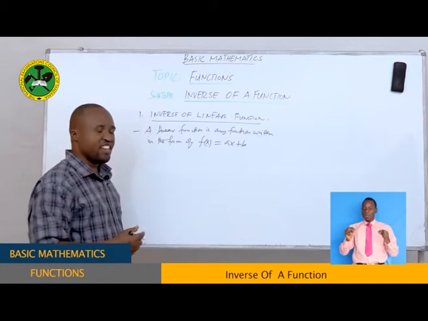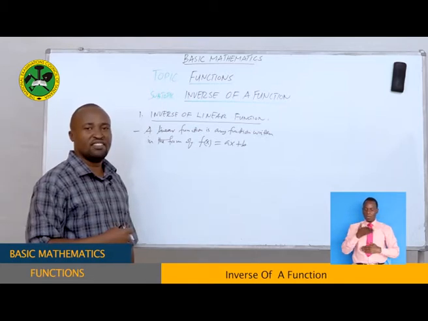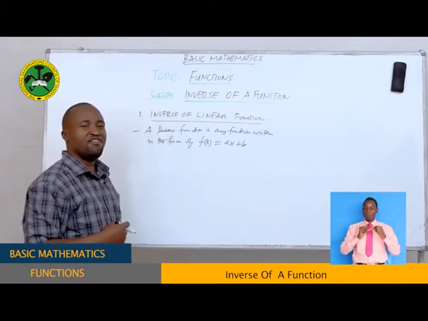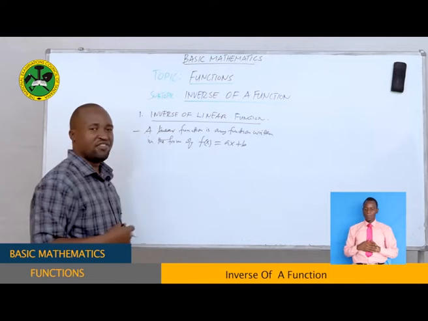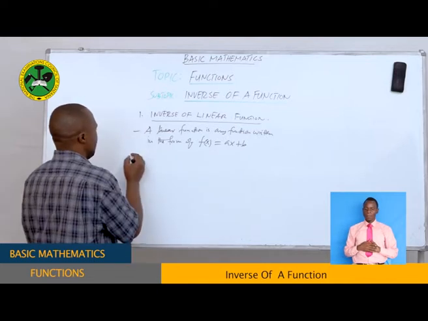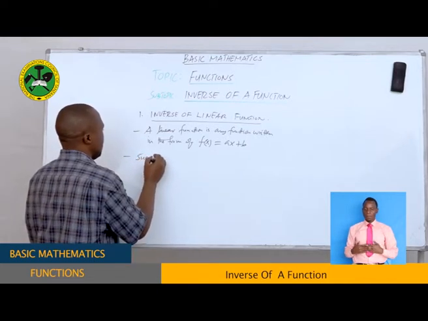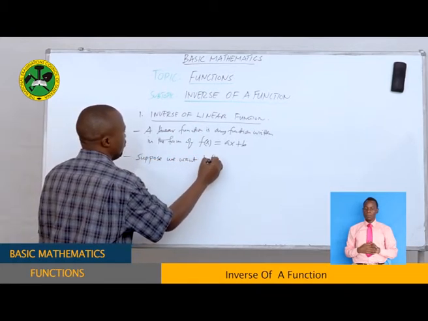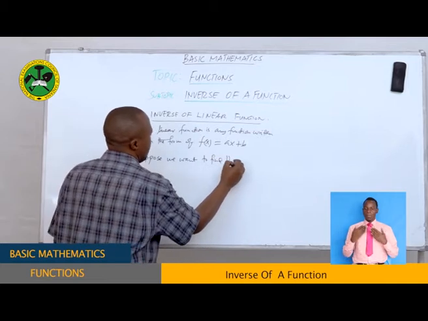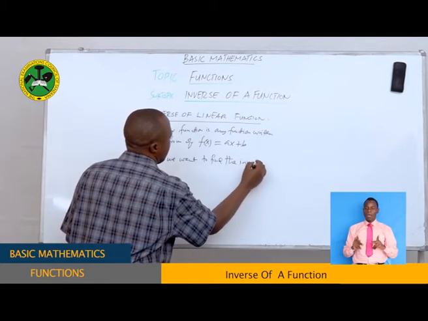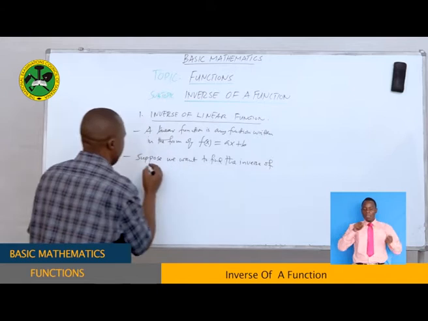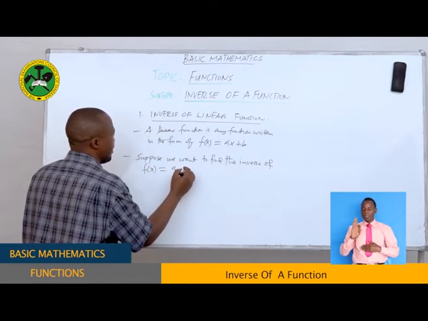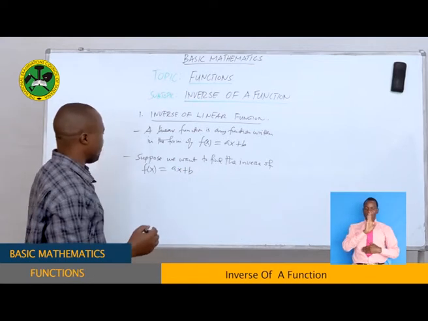Our interest here is to find the inverse of a linear function. Now, suppose we want to find the inverse of f of x is equal to ax plus b.